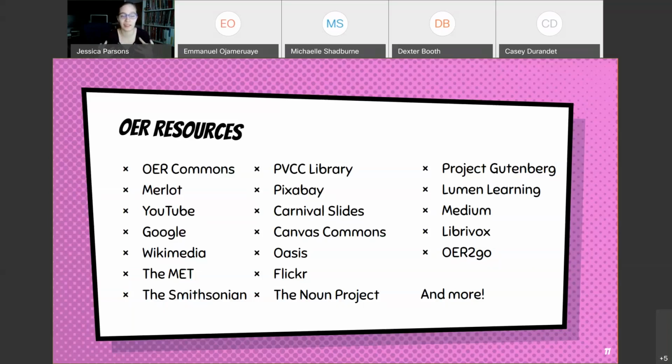So it can be a little bit more interesting to listen to than sitting there and reading, or as I like to do, listen to the audiobook and read along in the book. That way you can keep straight the characters and all of these things. And then OER To Go is another great repository that can help you to quickly locate OER resources, entire courses, or even textbooks as well.